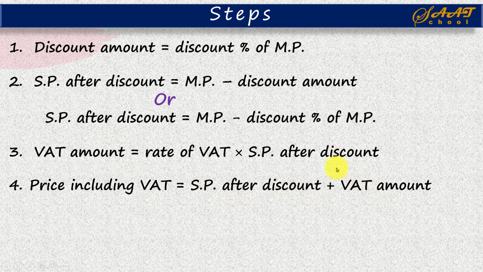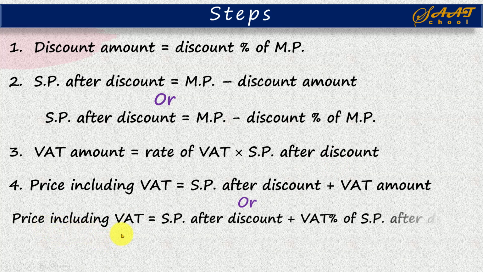Again, instead of these two steps, you can use one step as well, where you can say price including VAT is ESP after discount plus VAT percent of ESP after discount, meaning using these two steps or this single step is the same.